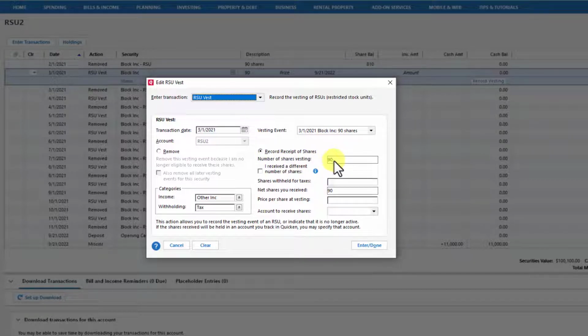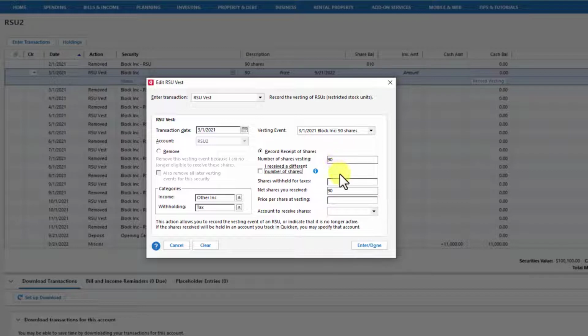Now, we are going to receive all 90 because that's probably the contract. If the contract was changed or if there was some reason that you didn't get all 90, you could click this button and say, okay, I'm only going to get 70 or 60. But in this instance, let's assume the contract is being fulfilled as was issued.